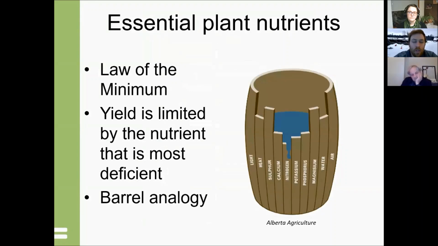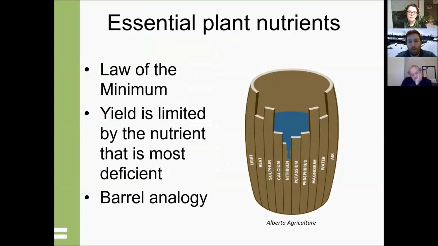Nutrient management is based on the law of the minimum, an old rule from when agriculture was first starting to be studied, that yield is limited by the nutrient that is the most deficient. Normally they use this barrel analogy.